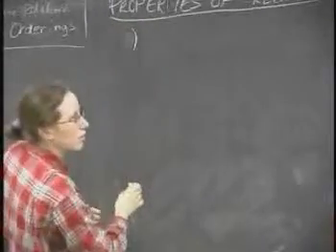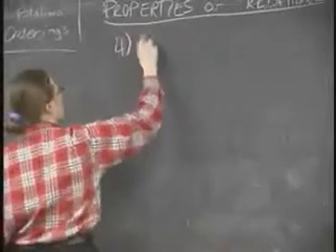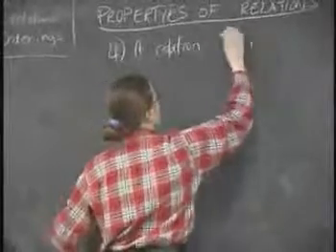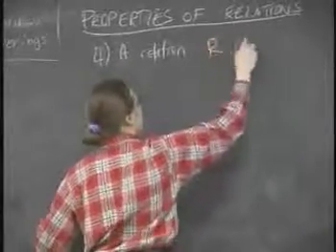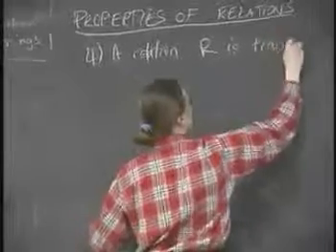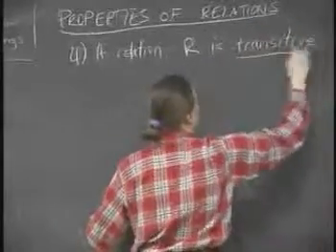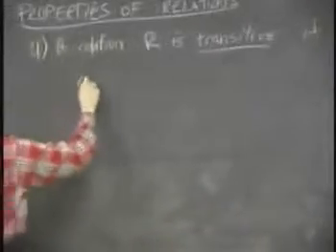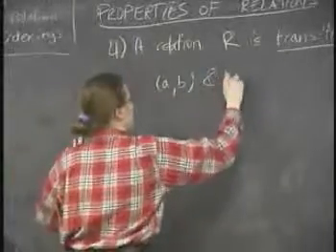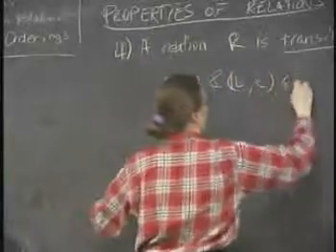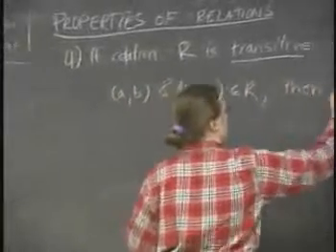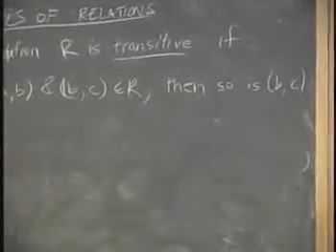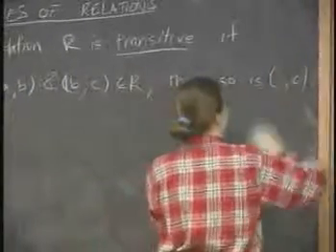So a relation R is transitive if, this is a little more complicated, if A, B and B, C are in the relation, then so is A, C. Good.